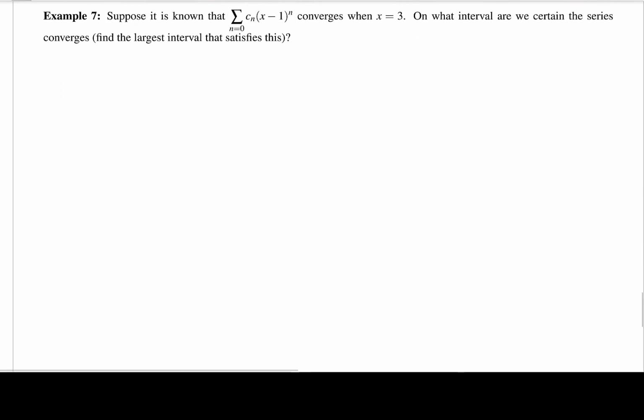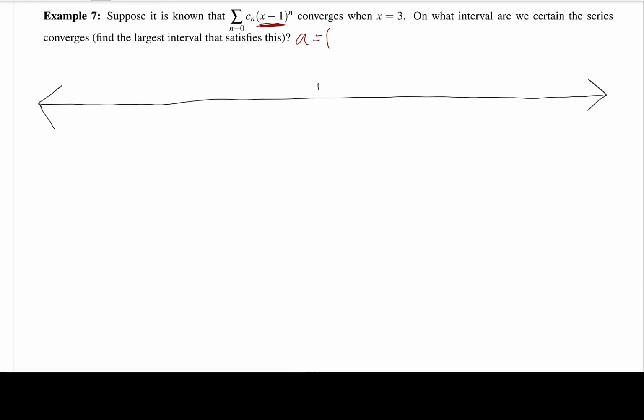Now let's look at example 7. So this one's a little bit different, mainly because of the fact that our center is no longer 0. So notice that our center right here is a equals 1. Alright, so I'm going to start by drawing a number line.